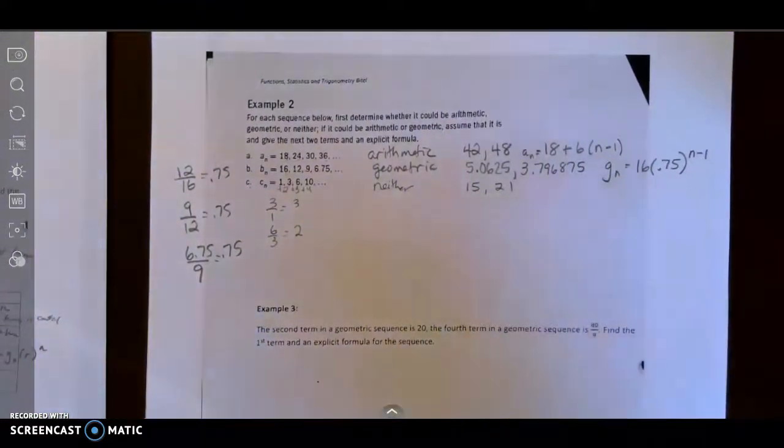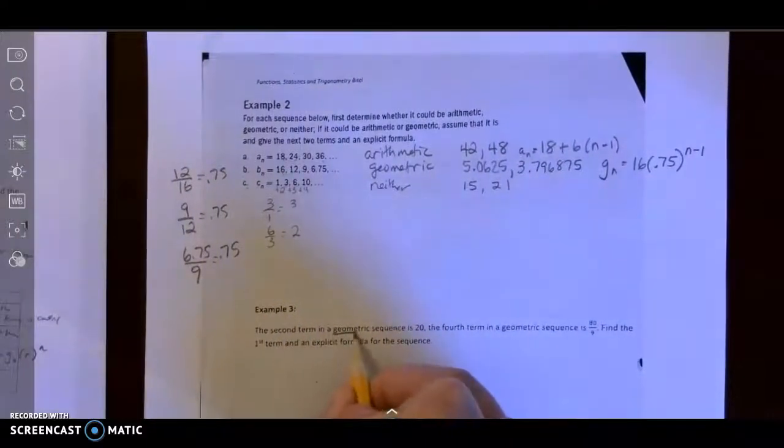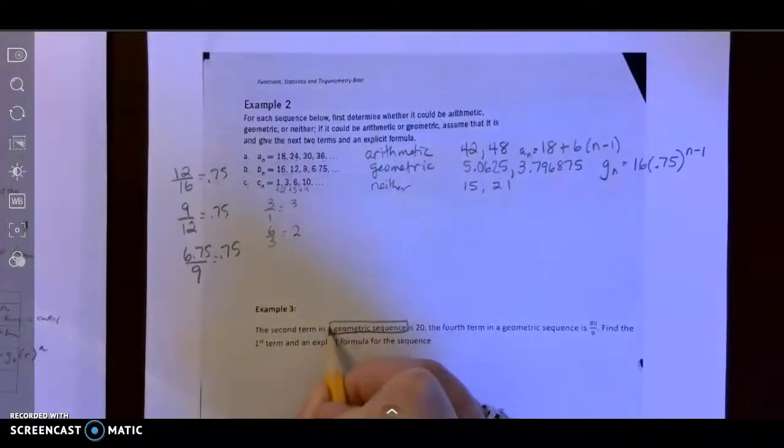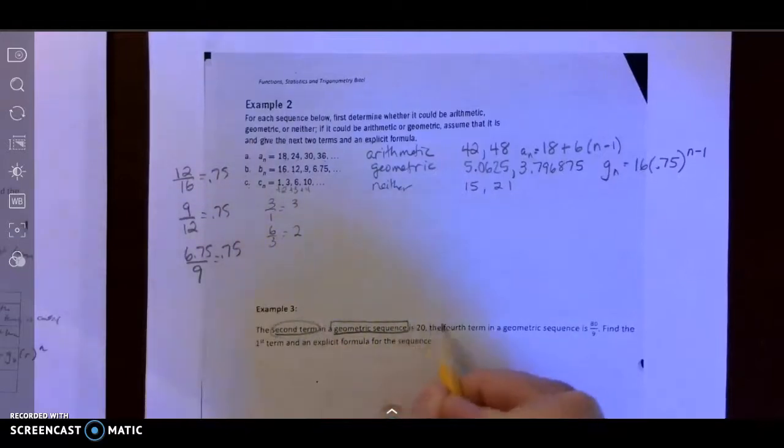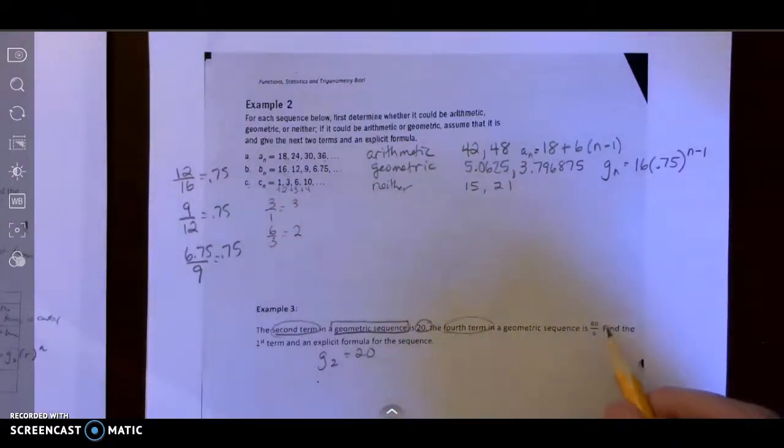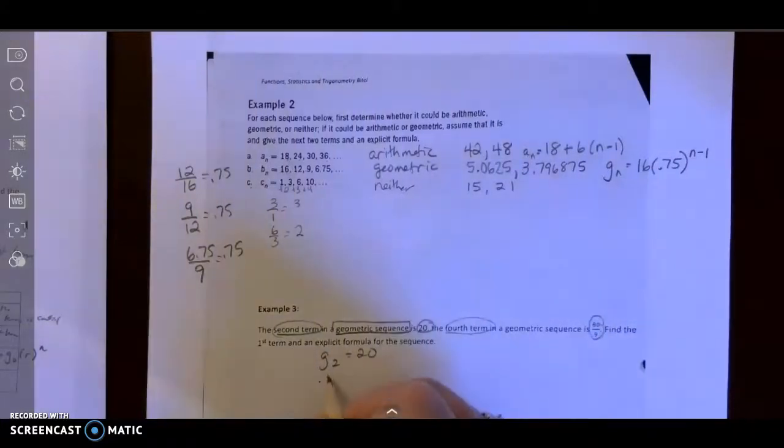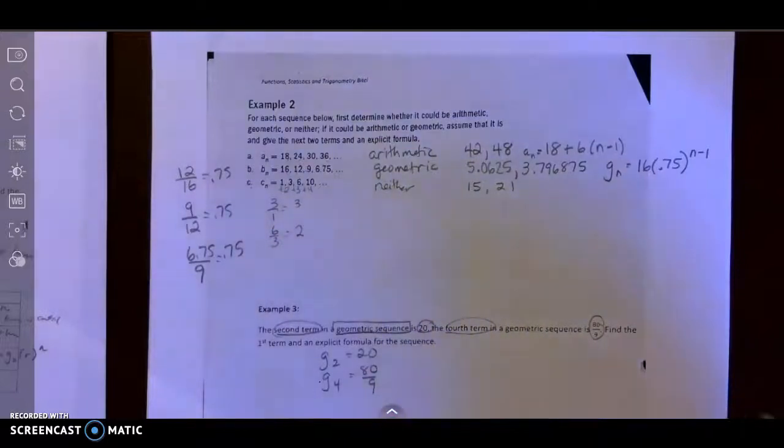The second term in a geometric sequence, so I know it's geometric, and they told me that the second term is 20, so g sub 2 equals 20, and the fourth term in a geometric sequence is 80/9, so g sub 4 is 80/9.